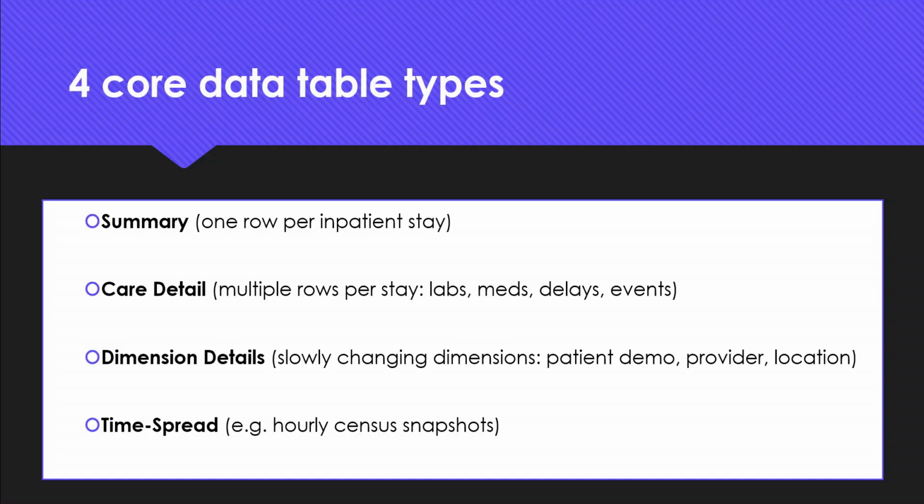Things like patient information, provider information, or descriptors of geographies or locations in your system. And finally, I find it very helpful to also have a time spread piece of information that is sharing what was true when, so one record per your summary unit per time period that's relevant, such as hourly in the example that we just looked at.